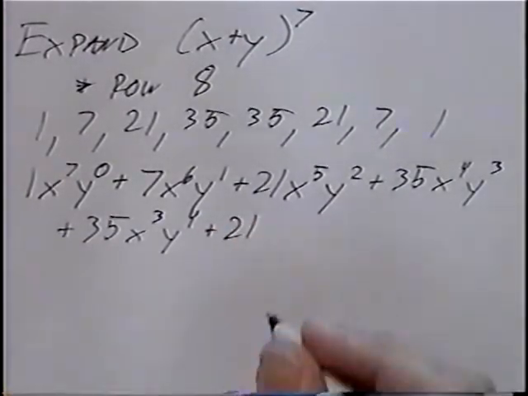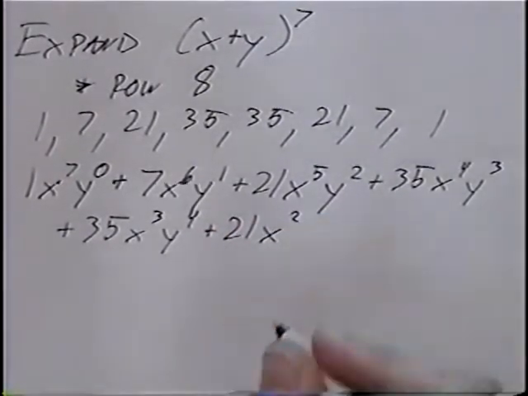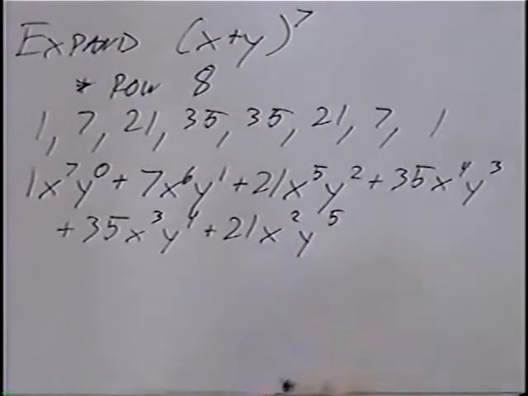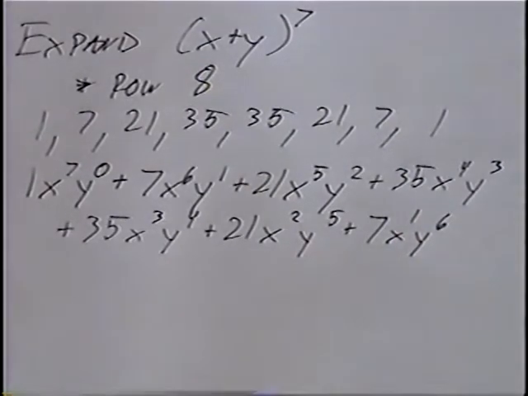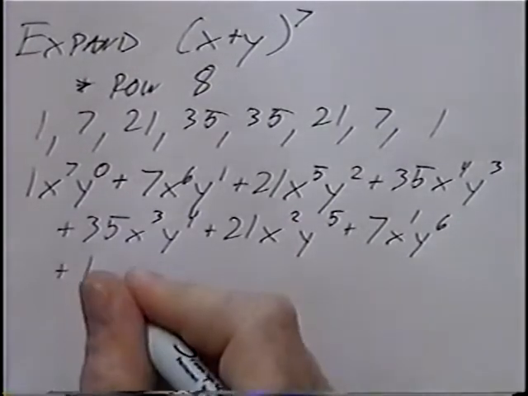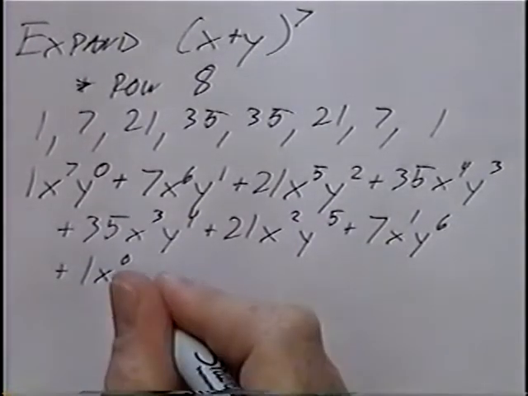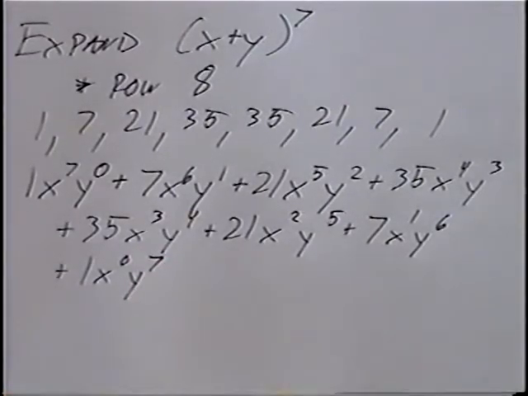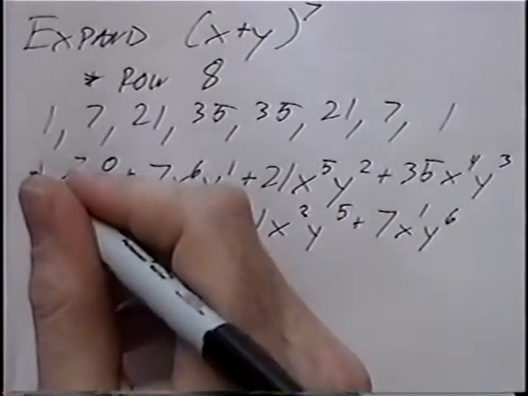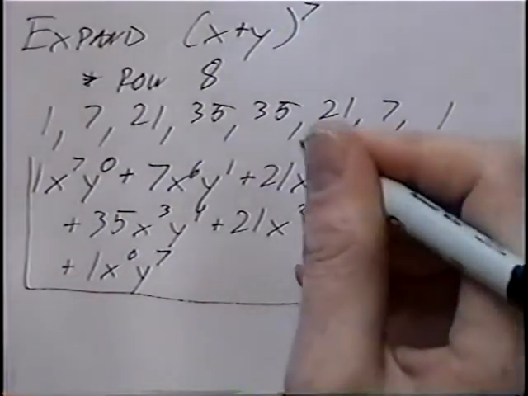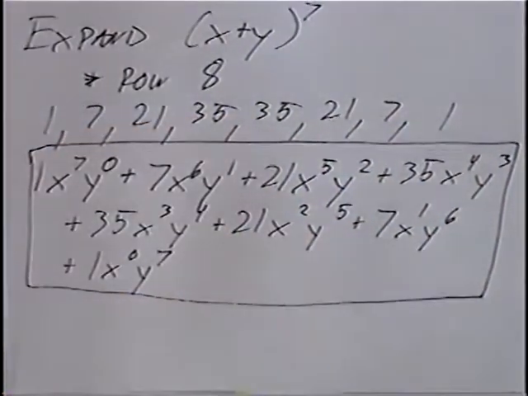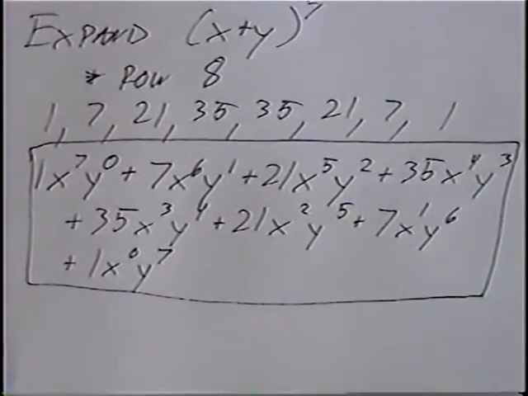Plus 21, x squared, y to the 5th, plus 7, x to the 1st, y to the 6th, and our last term, plus 1, x to the 0, y to the 7. All these terms will be our final answer for the expansion of x plus y to the 7th power.